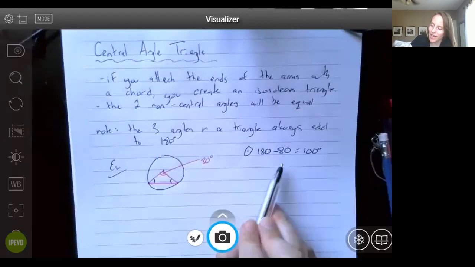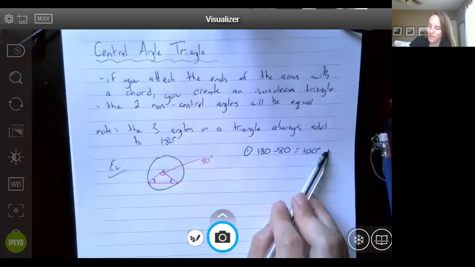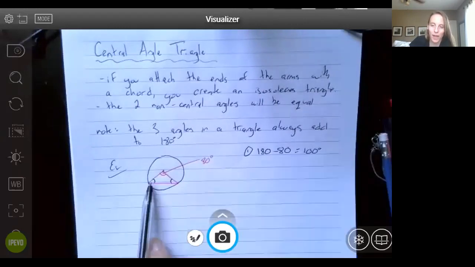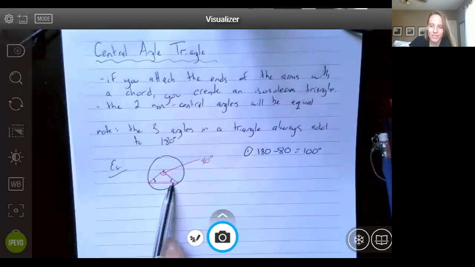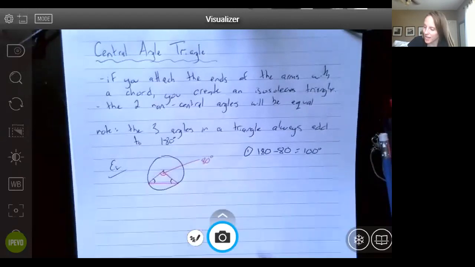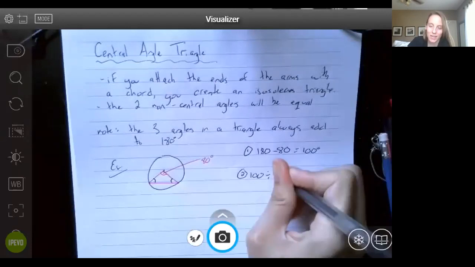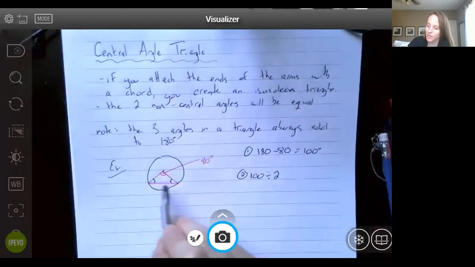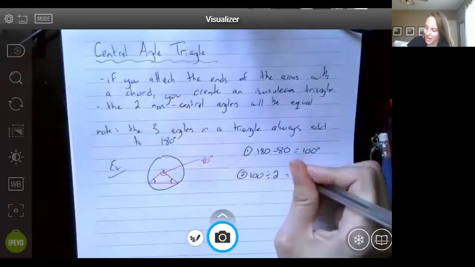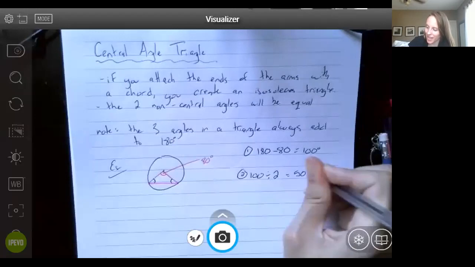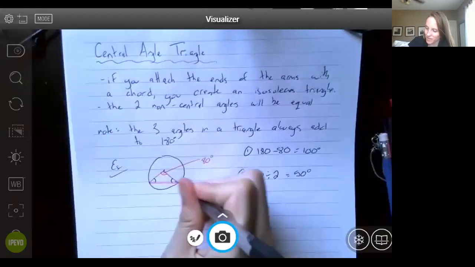I now know that that 100 degrees accounts for the remaining 2 angles. And because I know that those remaining 2 angles are identical, I can just take the 100 degrees and divide it by 2 to split it between those 2 angles. And I then get that each of those angles must be 50 degrees.